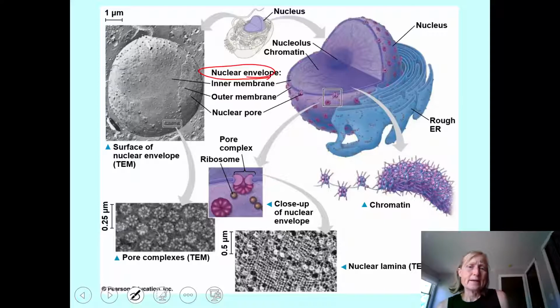And then there are hundreds or thousands of pores, nuclear pores, that run through the membrane so that materials can pass from the nucleus into the cell, or from the cell and into the nucleus.